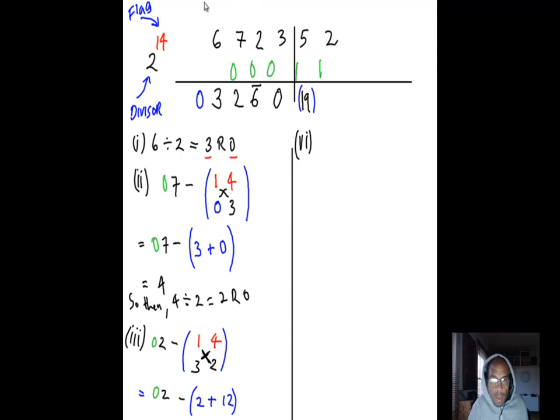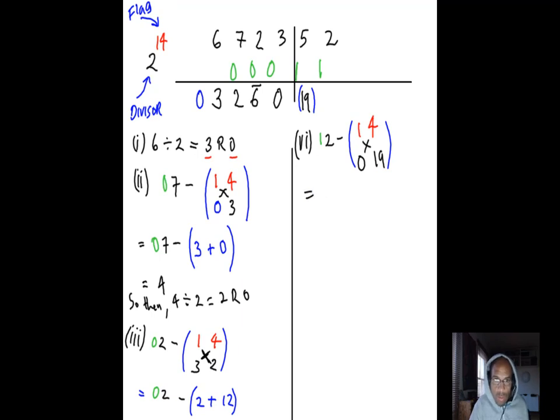So we have 12, take away. Not prepend anything. We're just going to put the 14 in there, which is the flag. Then we're going to put the 19 in there. And next to it, we'll have a 0. And we're going to cross multiply those and see what the answer is.